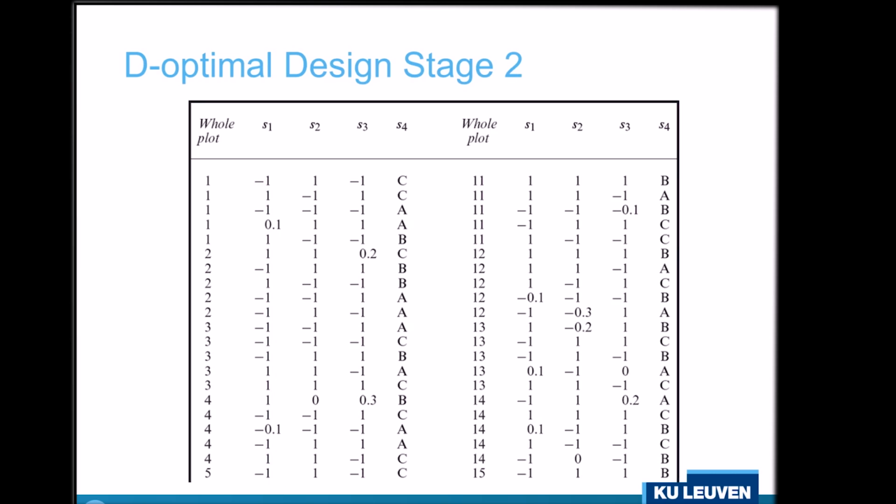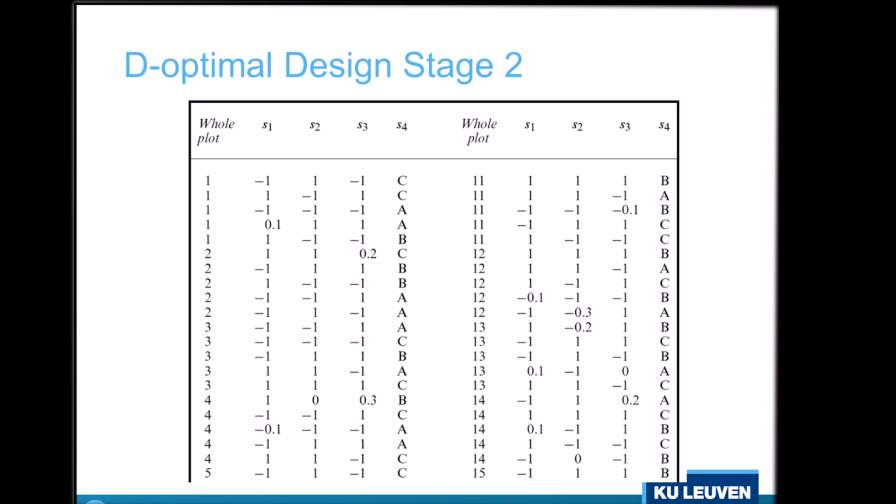And what you can see here is that every whole plot is used 5 times. So every box of polypropylene plates is used 5 times in the design that I present here. That's a constraint we imposed in the coordinate exchange algorithm.